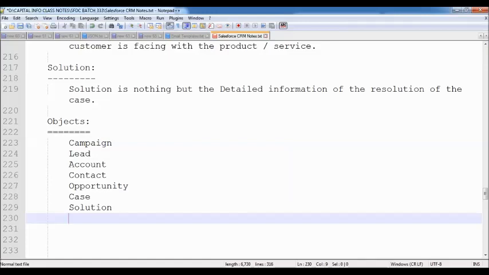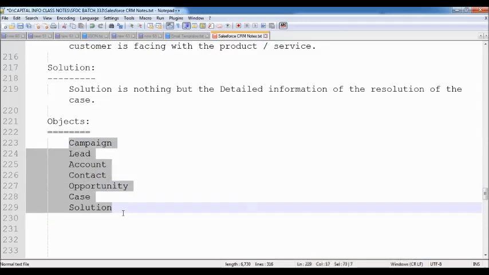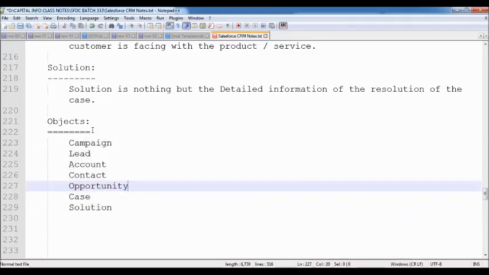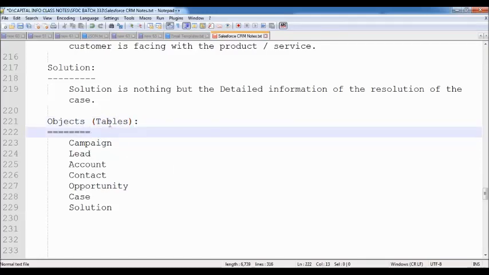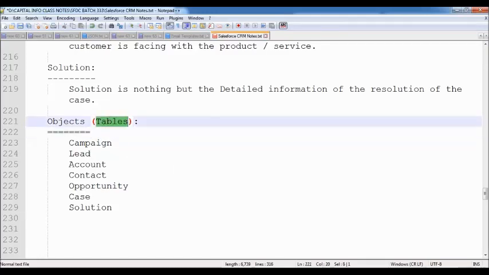Like that, we have so many other objects available. These are all called the objects of Salesforce. Object means tables. In our general terminology we reference it as a table, but in CRM terminology we reference it as an object.